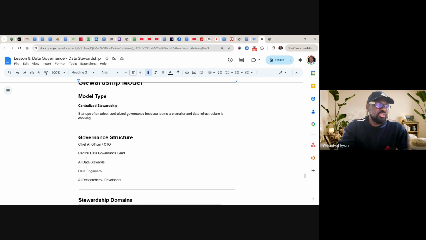So for the governance structure, we have the chief AI officer and CTO.